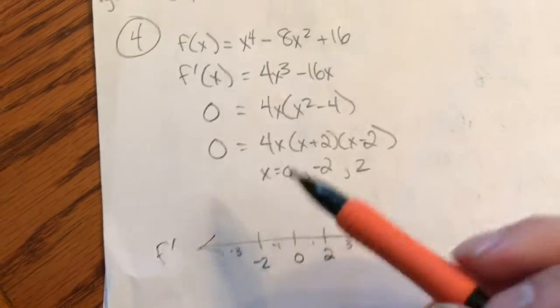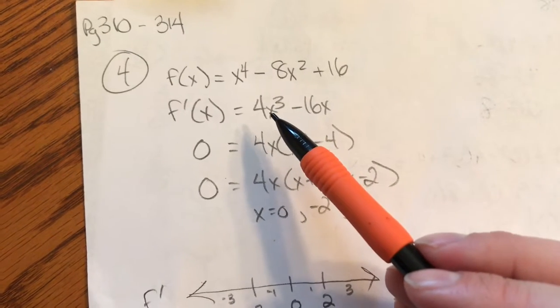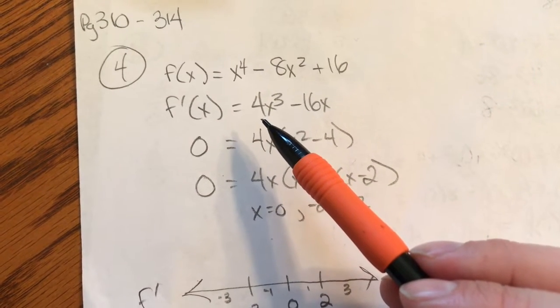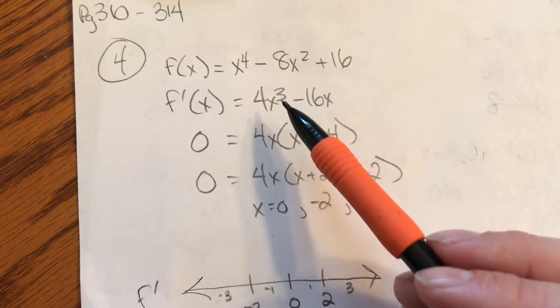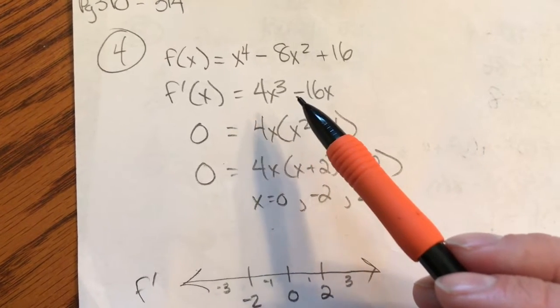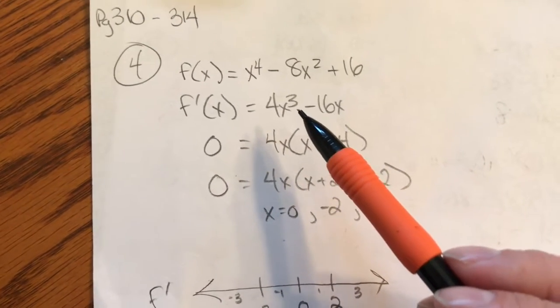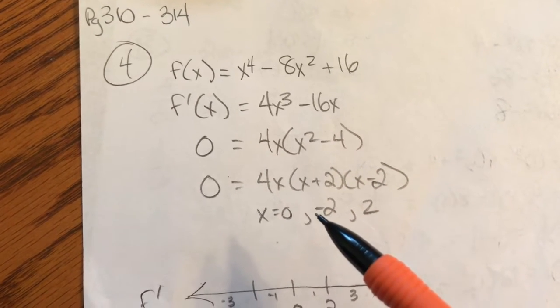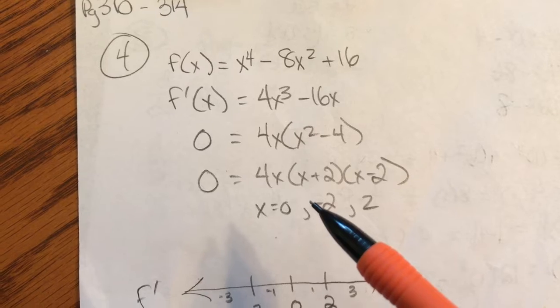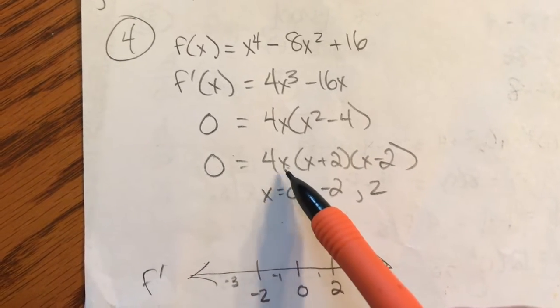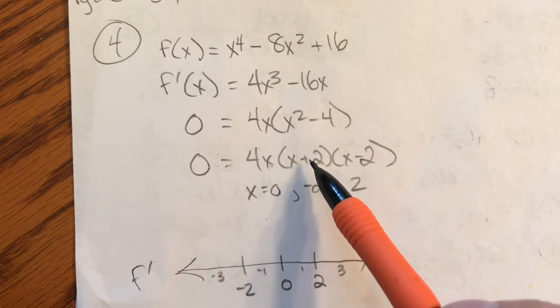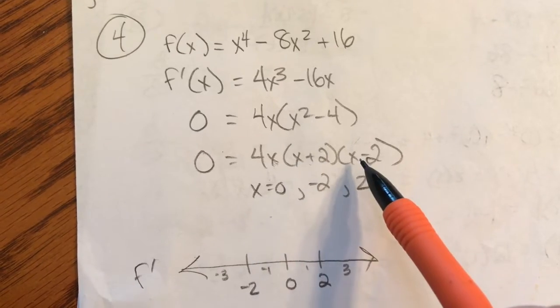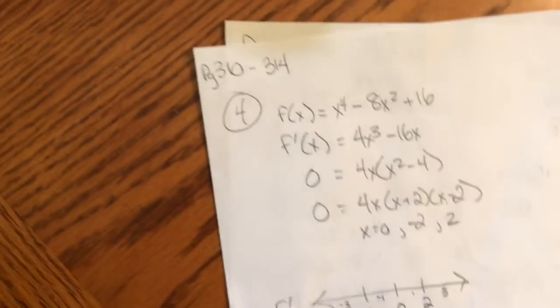If I plug in negative 3, I get 4 times, boy, I really wish I had a calculator at this moment. If I plug in negative 3, what do I get? Positive or negative? That'll become negative, that'll become negative, and that'll become negative, so that'll stay negative.